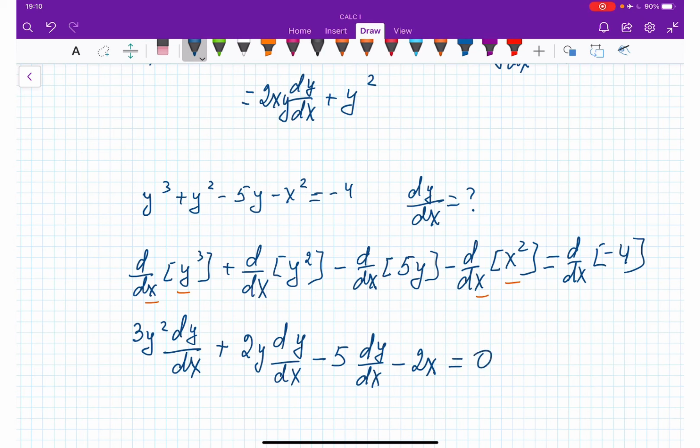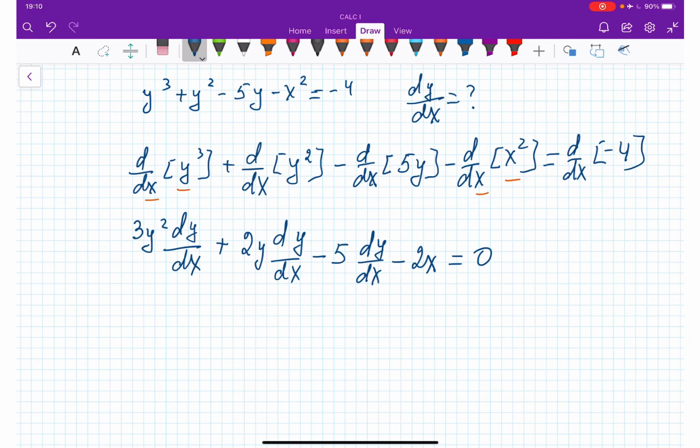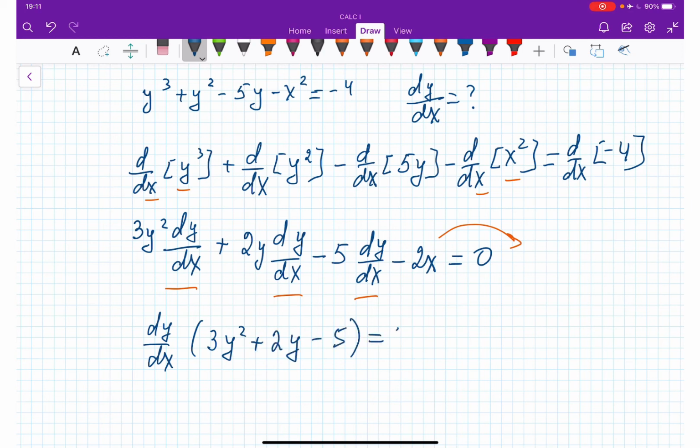Okay, so from here what do we do? We collect, you see we have a common factor here, dy by dx, and 2x I will move to this side. So dy by dx, in parentheses I will have 3y squared plus 2y minus 5, is equal to 2x.